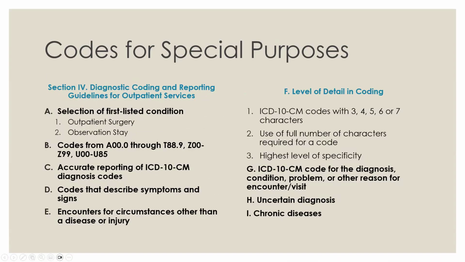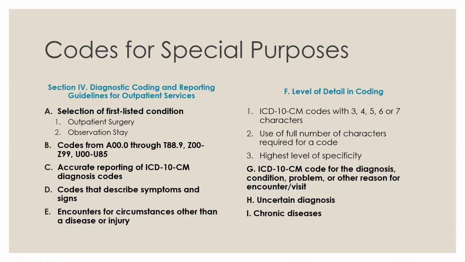Okay, so for outpatient surgery, when a patient presents for outpatient surgery, such as same day surgery, code the reason for the surgery as the first listed diagnosis or reason for the encounter, even if the surgery is not performed due to contraindication.